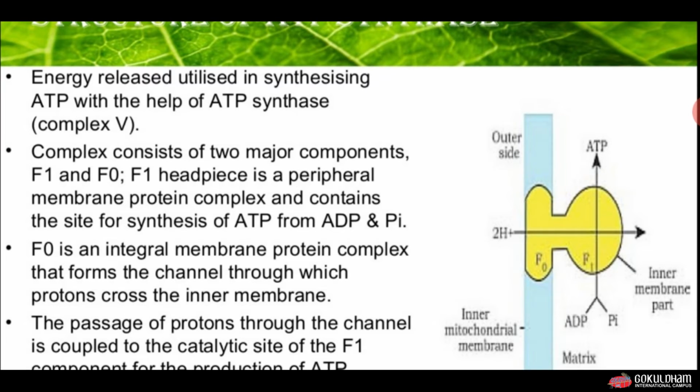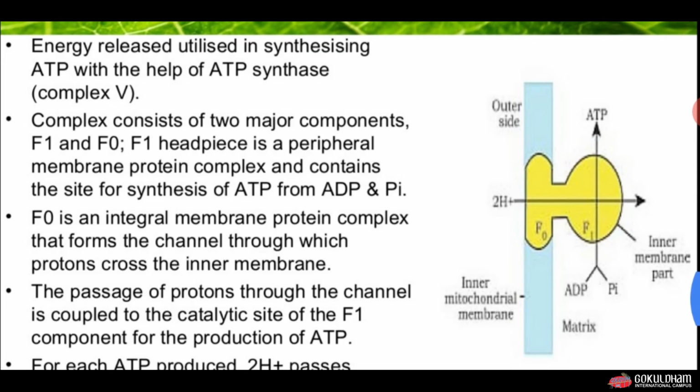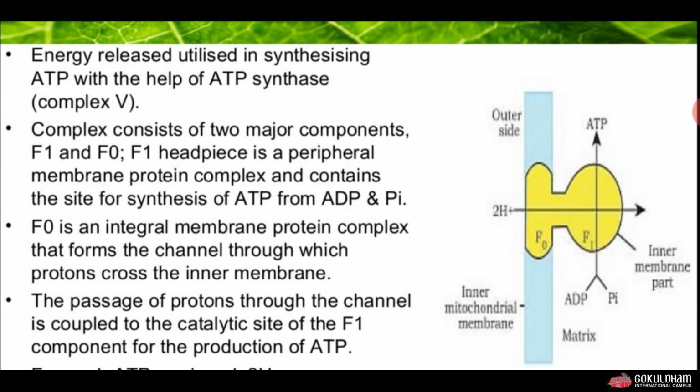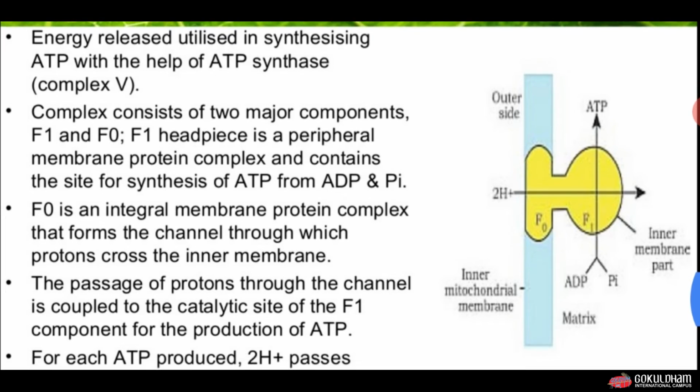and the F0 component is responsible for the transport of hydrogen ions, or protons, inside the inner part of the inner mitochondrial membrane. The passage of protons through the channel is coupled to the catalytic site of the F1 component for the production of ATP.